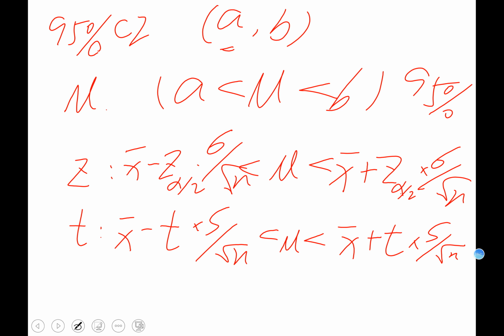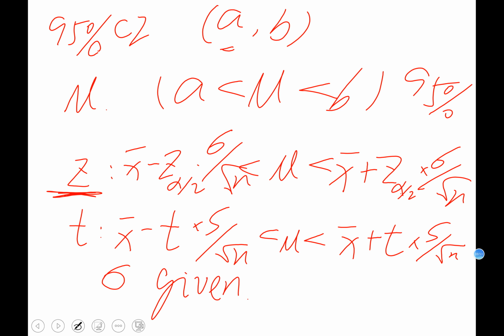So how can we know when we can use the former formula and when we can use the latter one? That is the precondition for the formula. We have mentioned that if we want to use the Z distribution, the precondition should be that sigma is given.